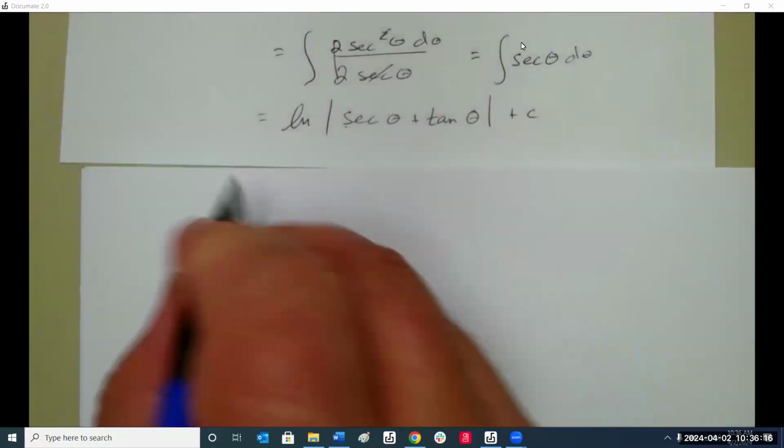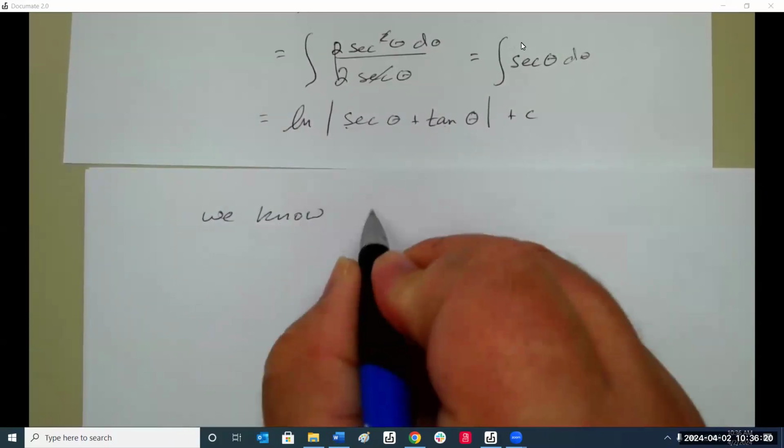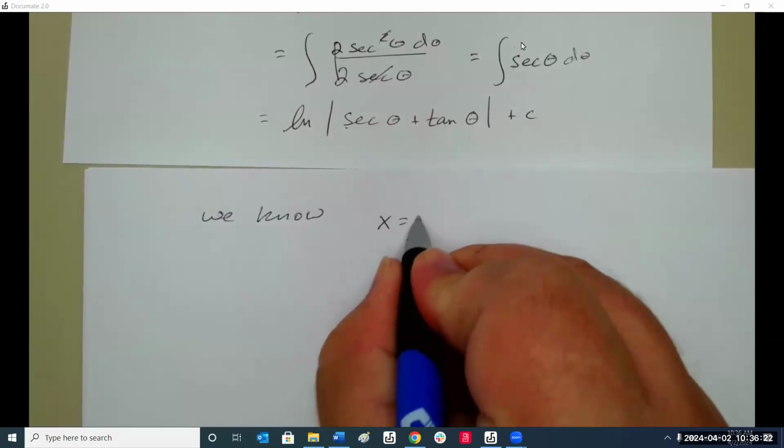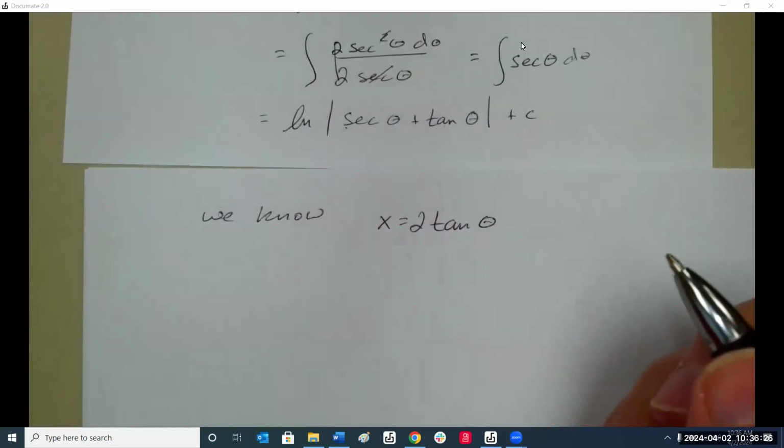So we know originally that x is equal to 2 tangent theta.